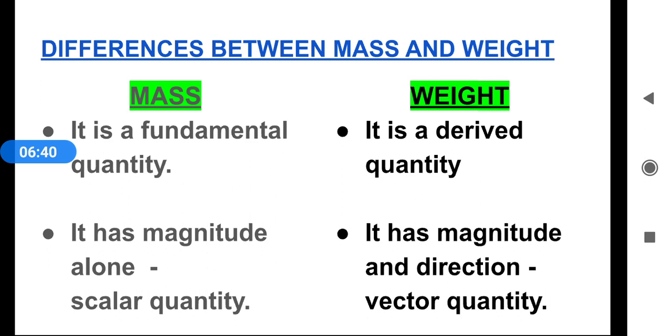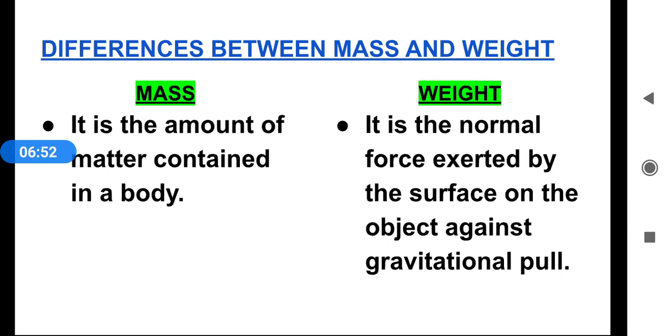But a vector quantity is specified by a number with the unit and also with direction. The next difference is mass is the amount of matter contained in a body, but weight is the normal force exerted by the surface on the object against gravitational pull.